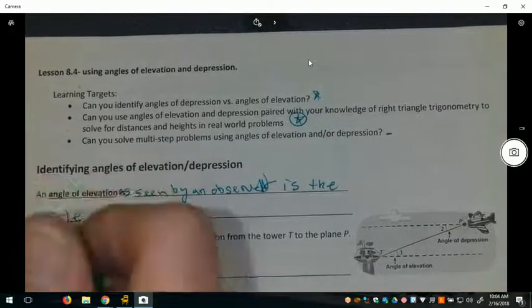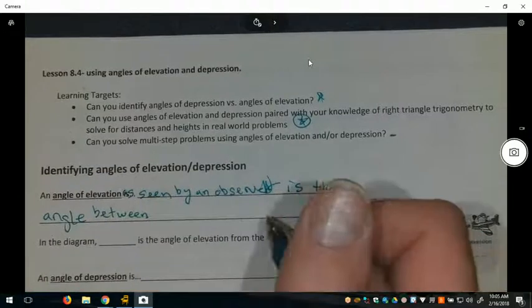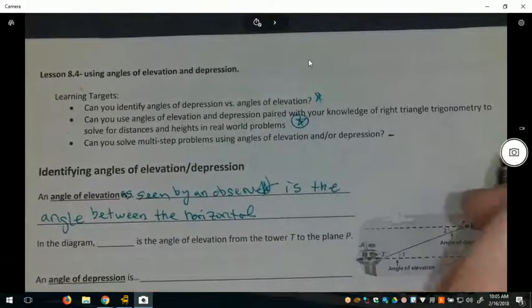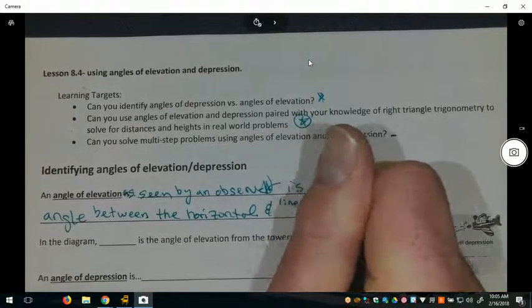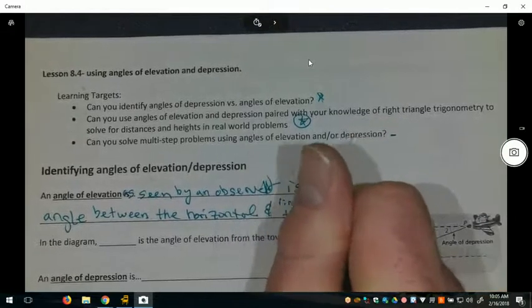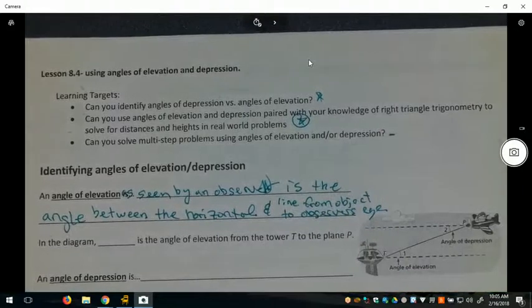The angle between the horizontal and the line from the object to the observer's eye. You may have copied a slightly different variation of these words from the textbook, and that's fine.